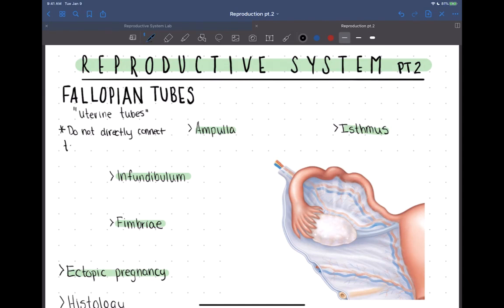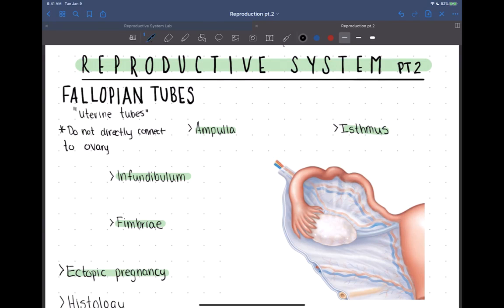The end of the fallopian tube lays on top of the ovaries, but there's no direct connection. There's space between the fallopian tube and the ovary itself. Let's talk about the different parts of the fallopian tube.